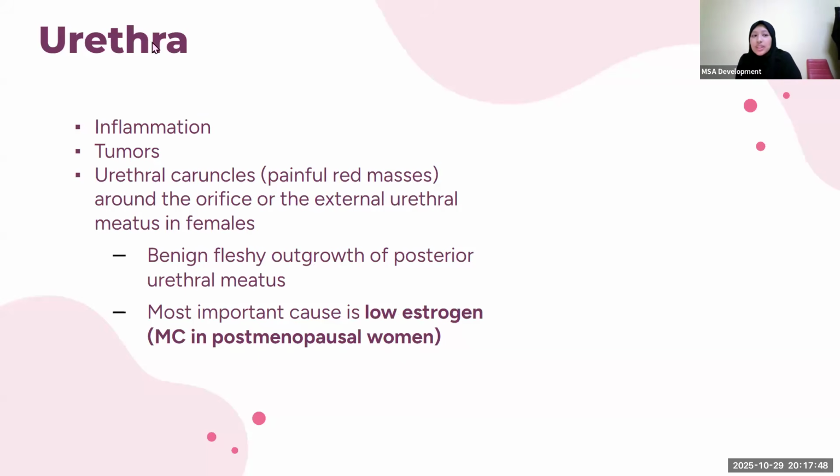So estrogen is what keeps the urethra clean and painless. But because of low estrogen due to these conditions, postmenopausal, maybe even before menses begins, you have irritation or painful red masses because there is less protection from the estrogen.